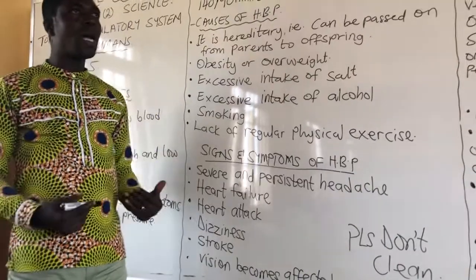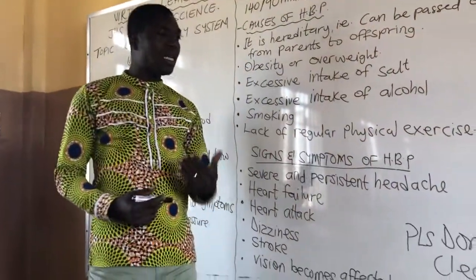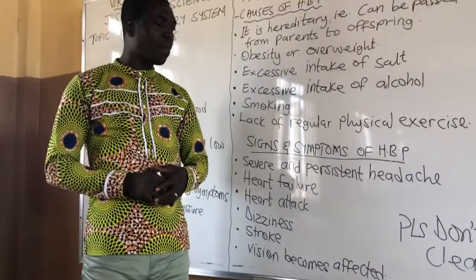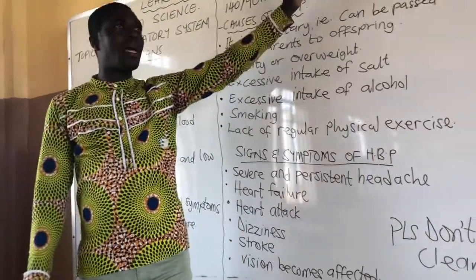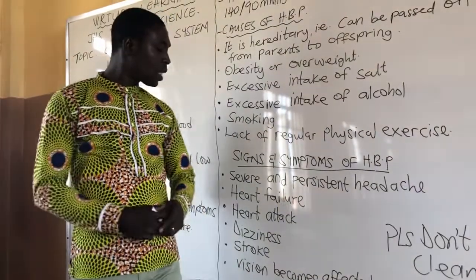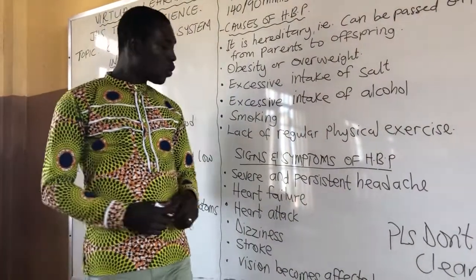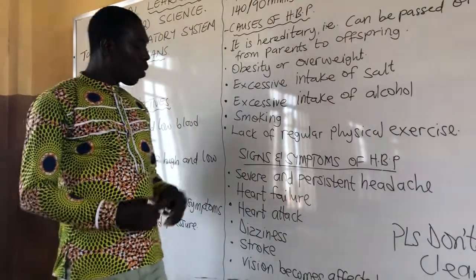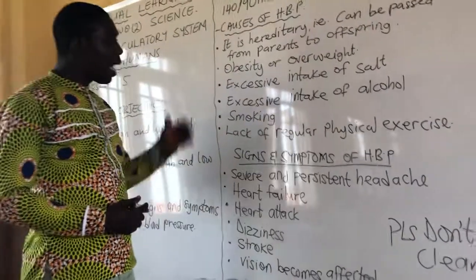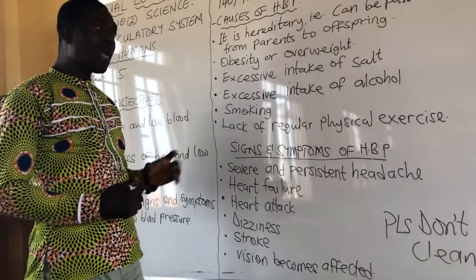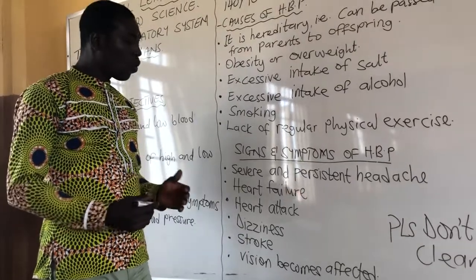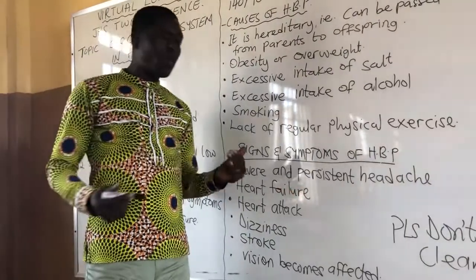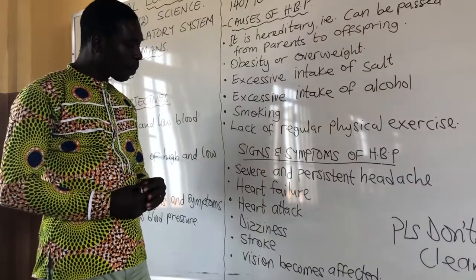So you see someone with part of the body not working. You raise the hand like this, it cannot stay in the air, it will fall. That is stroke. So stroke can occur when someone has high blood pressure, and it can affect part of the body or the entire body.